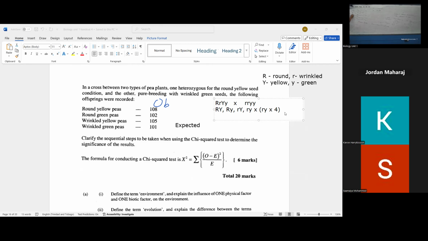So this will be round and yellow. So far we have 1. And if you notice, this entire column is round yellow, so we have 1, 2, 3, 4 so far.